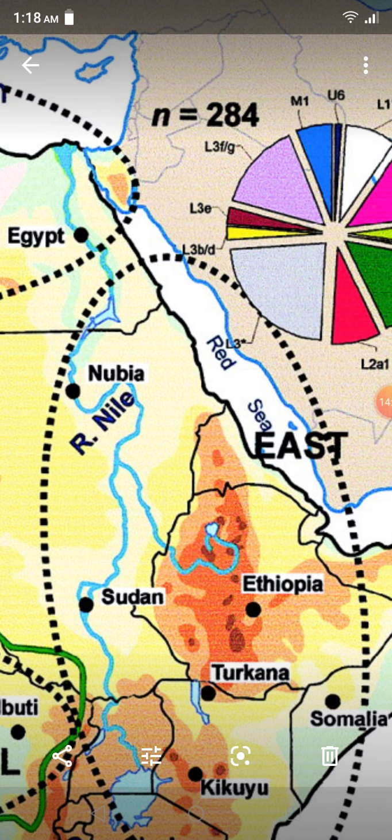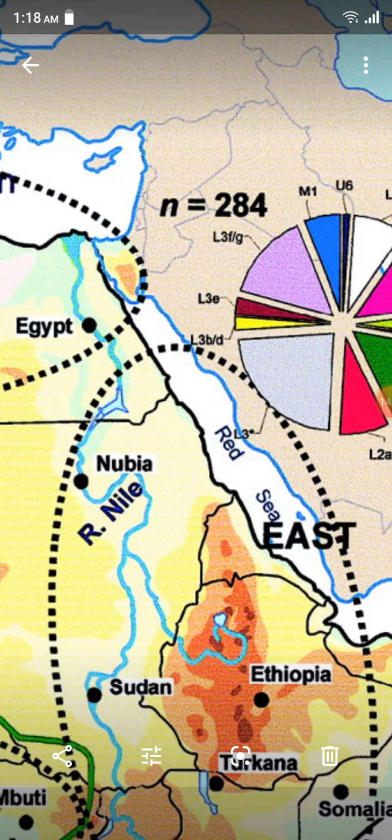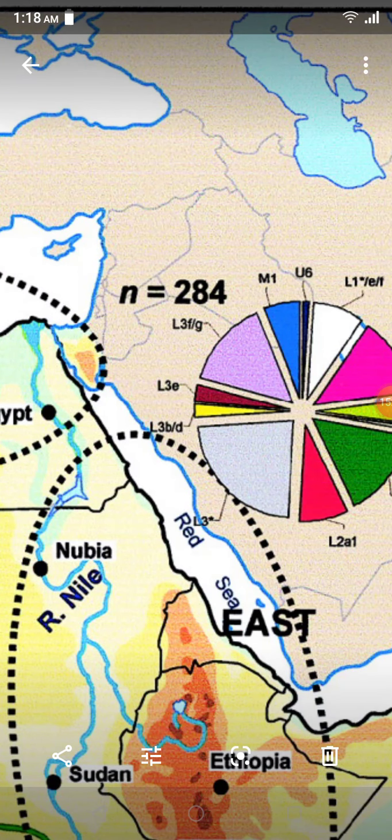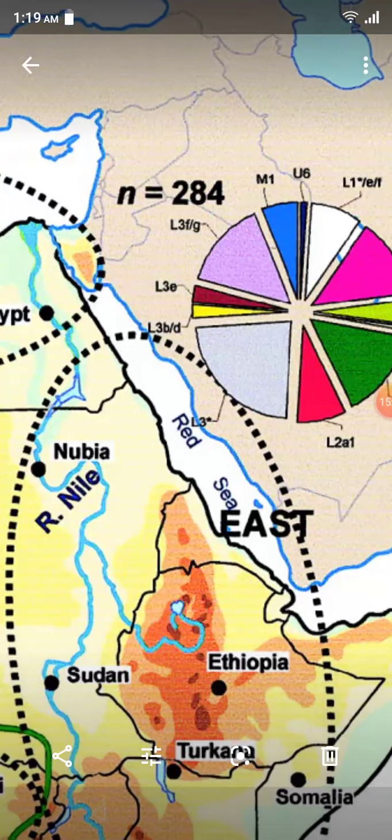Now, to bring more intrigue to the story and to the content of the E grouping of people, the E group versus the A paternal and the B paternal Y-DNA group in this region is not the same, and it wouldn't go to the Hamitic group as an inheritance or as a trace source of being from this region.